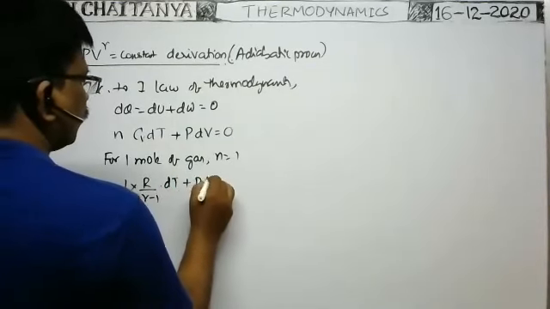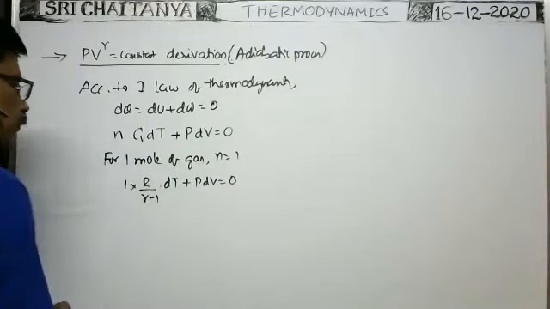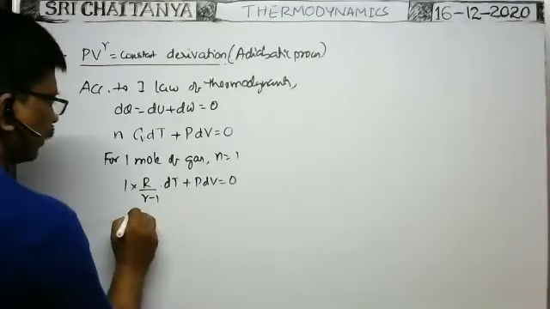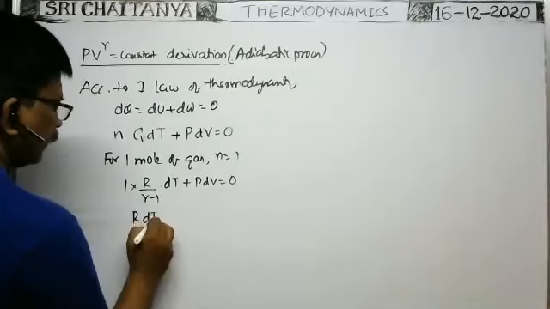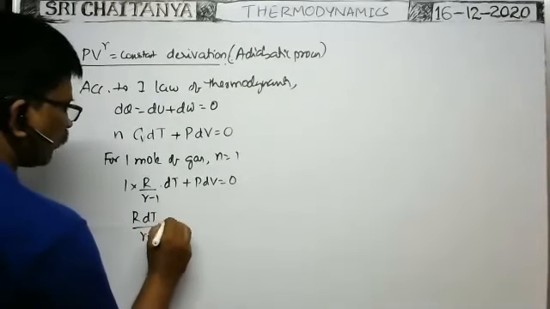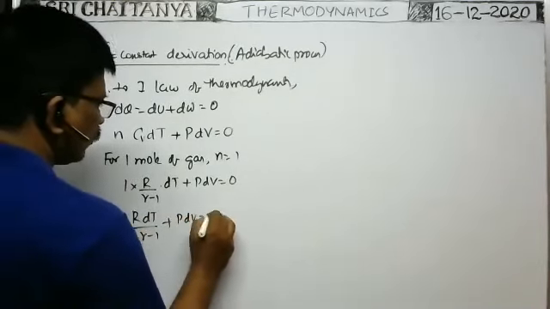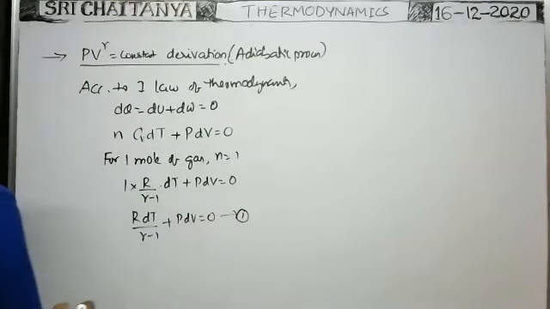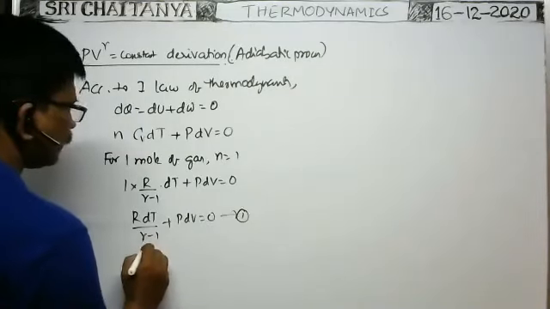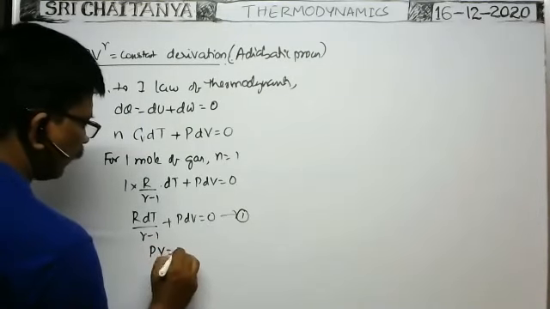Plus P into dV is equal to 0. So from this, R dT by gamma minus 1 plus P dV is equal to 0. This is equation 1. From here, for 1 mole of gas, PV is equal to RT.